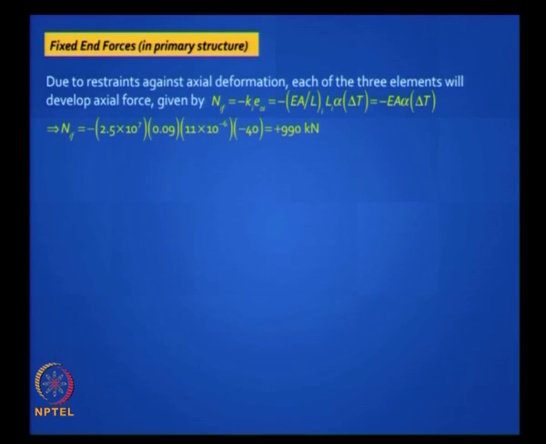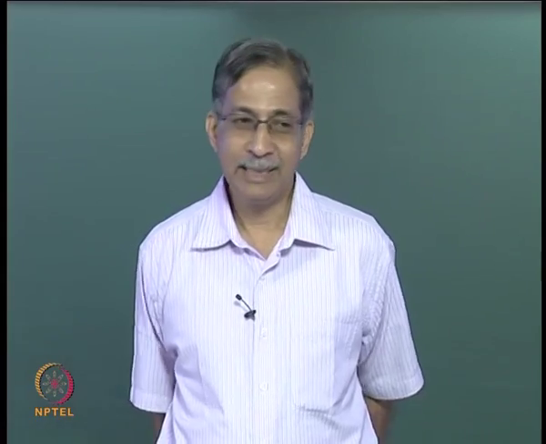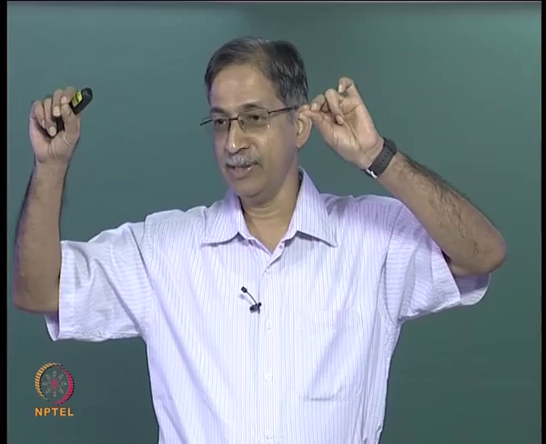Do you think the final force will be so large? How much do you think it will be? See, this is what you would get if you were to arrest those degrees of freedom, prevent that cooling from manifesting, right? In the primary structure you get a huge force of 990 kilonewton.